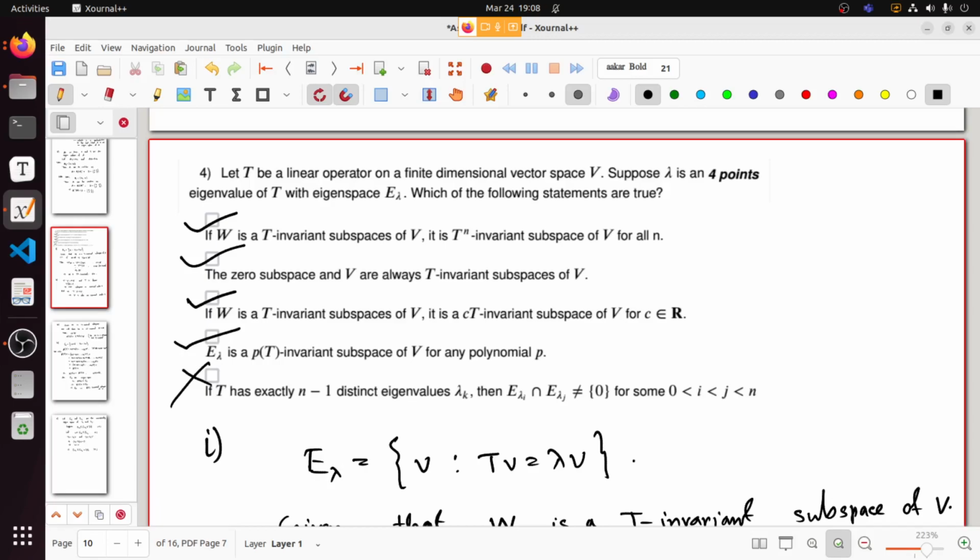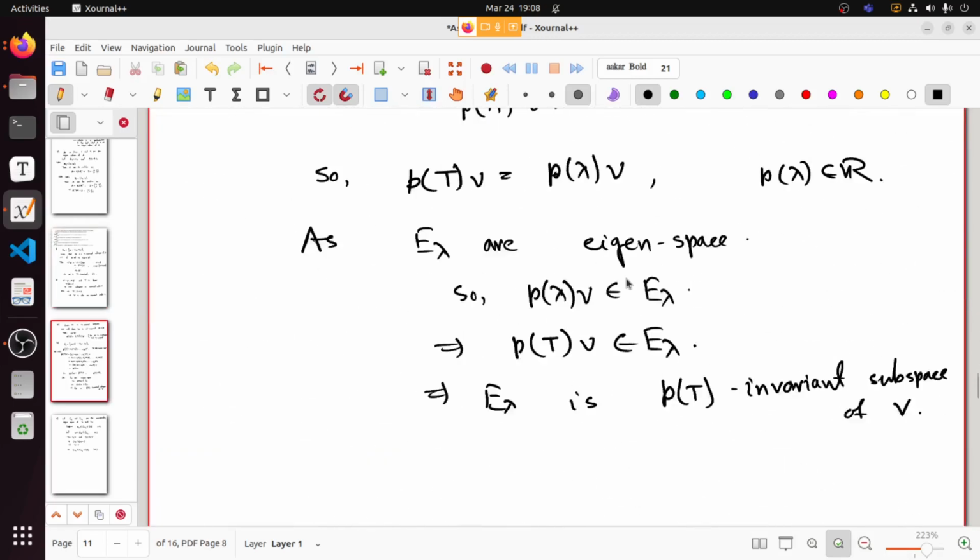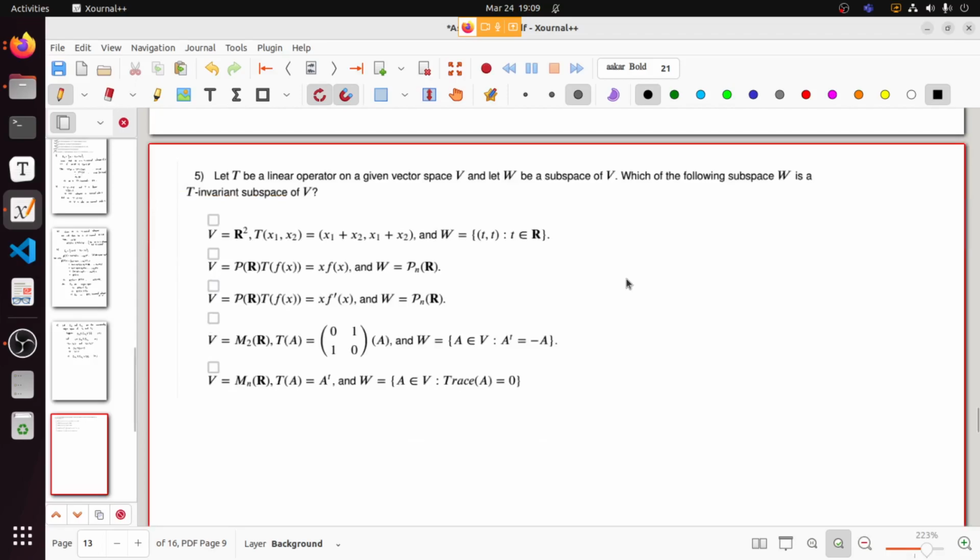So question number 4 is done. Let's move to question number 5. It's saying that T is a linear operator on a given vector space V and W is a subspace of V, then which of the following subspaces is a T invariant subspace of V? We check which of the following are T invariant subspaces.